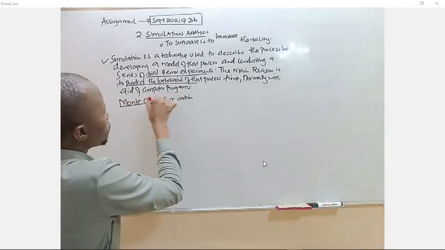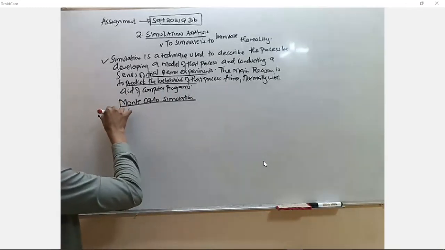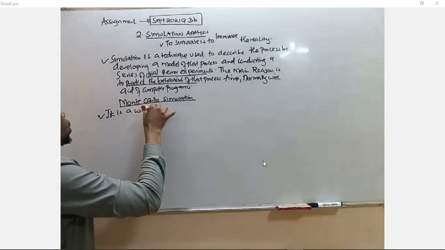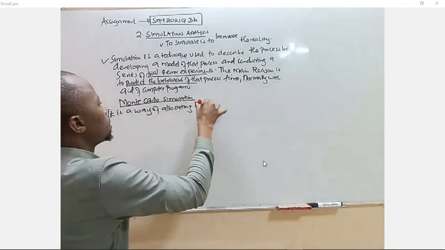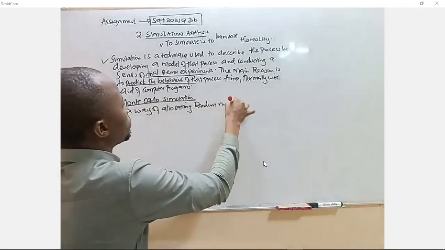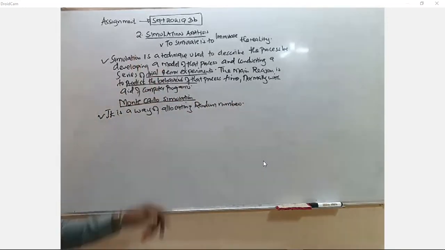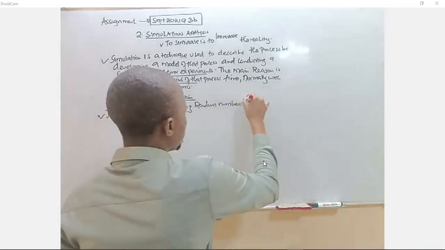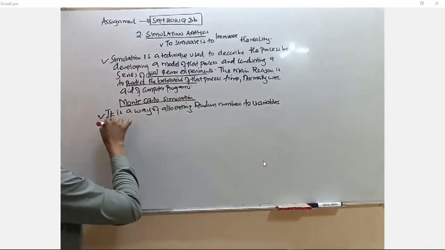So what is a Monte Carlo simulation? This is something that we did in the past. We say this is a way of allocating random numbers. So already the examiner is going to be giving me the random numbers to simulate, right? And how do I normally do that? Allocating the random numbers to variables given, because already we have the variables given.